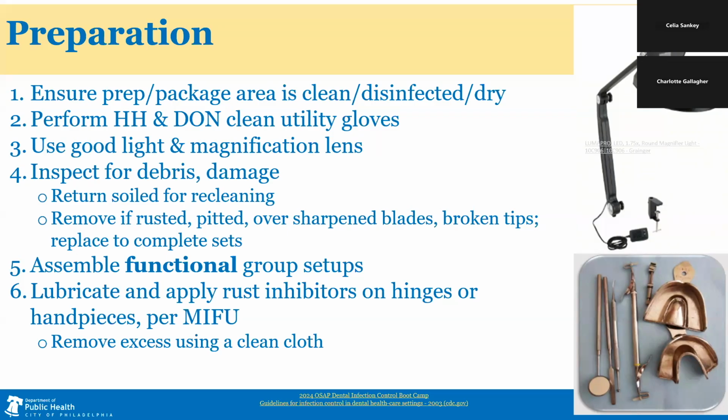If debris is detected, return the item for complete cleaning. Don't wipe or smear the debris with towels. Be sure to discard faulty or broken items and replace them to complete functional instrument sets. Manufacturers may call for rust inhibitor or lubrication at this point, but be sure to wipe off any excess.